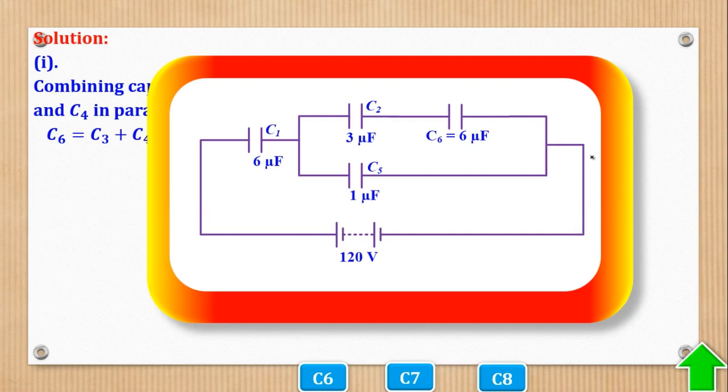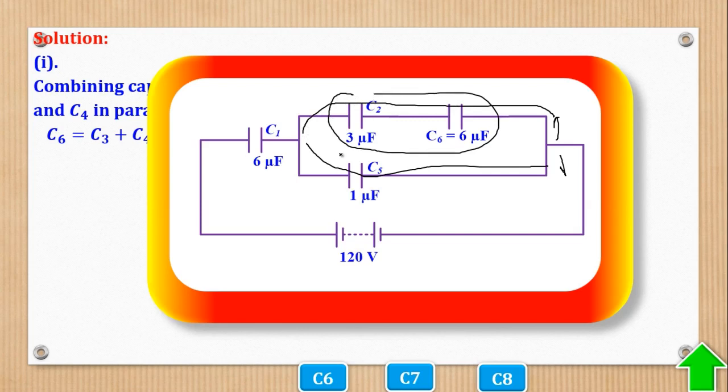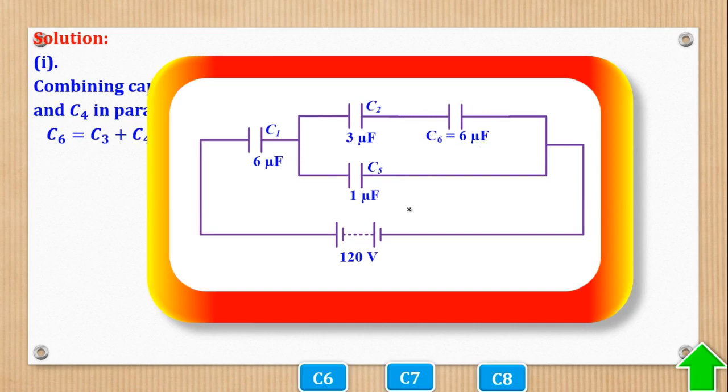Because remember this charge last divided here, and from here this went through this to come here at this junction, and this one went through these two to come back at this junction. So that means that we have to first combine these two, which will be in parallel with this. So when I combine C2 and C6 in series, I'll come up with this.